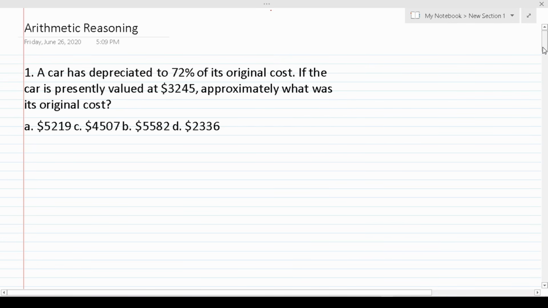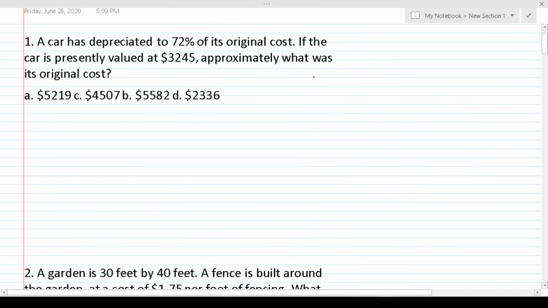All right, so to do this one, we're going to have to write a simple equation to represent what this is saying. In this case, we're told that its present value is $3,245, and that represents 72% of its original cost, which I'm going to represent in this equation as 0.72x, where 0.72 refers to 72%, and x, and I can write that up here, represents the original cost.